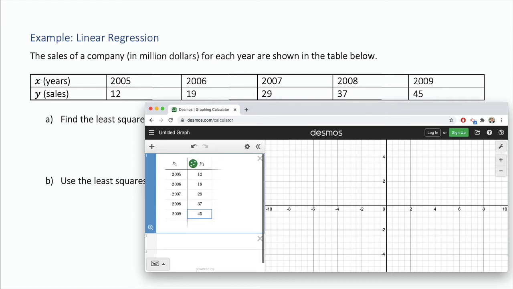Now, you get to decide how you're going to measure things. This was in millions, so if I wanted, I could type in million, and I'm going to do that, just because I want to be very clear about what my units are.